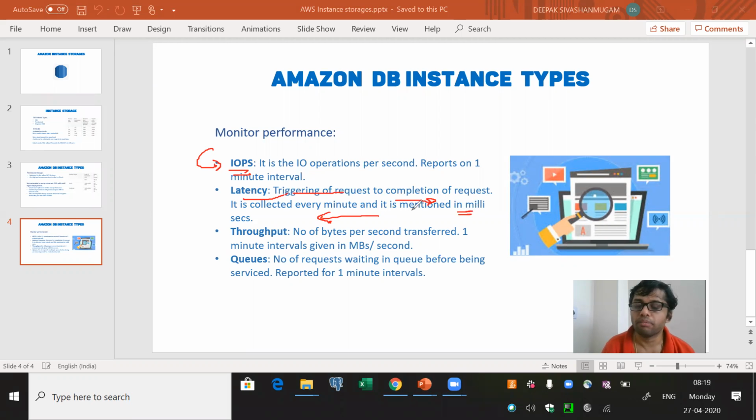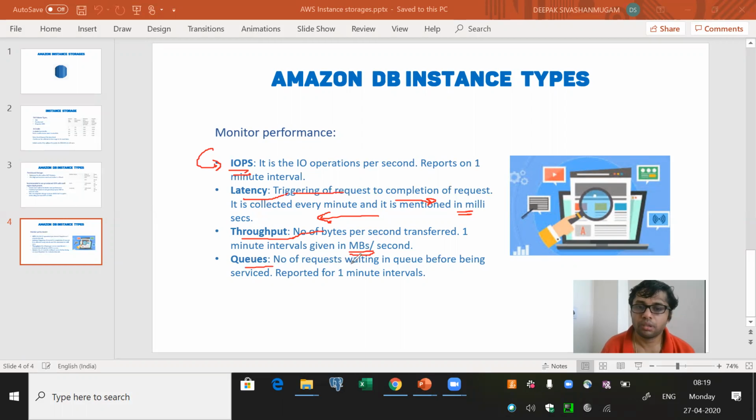Throughput is the number of bytes transferred per second between your hard disk and the CPU. Queue depth shows how much throttling is happening, how many input requests are waiting in the queue and not getting processed.